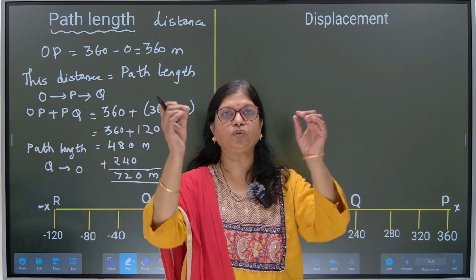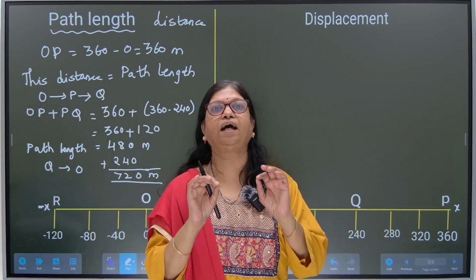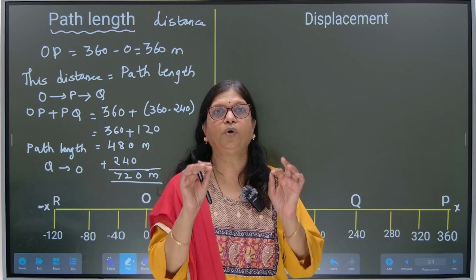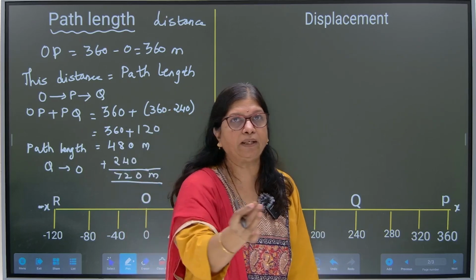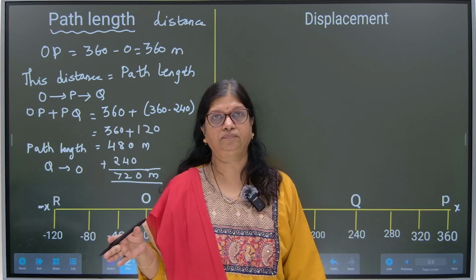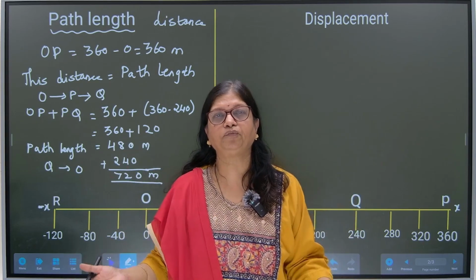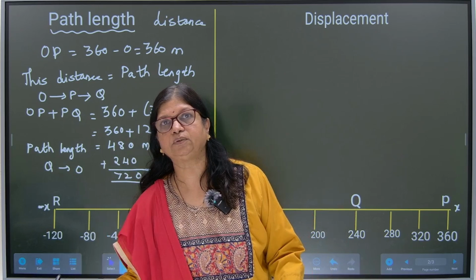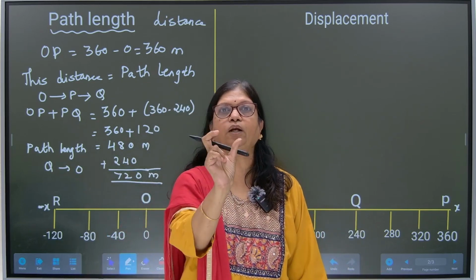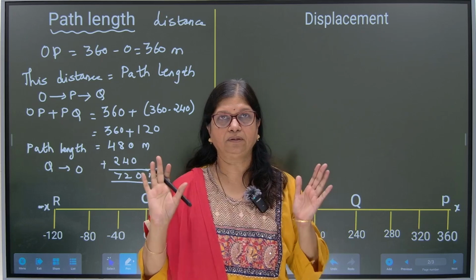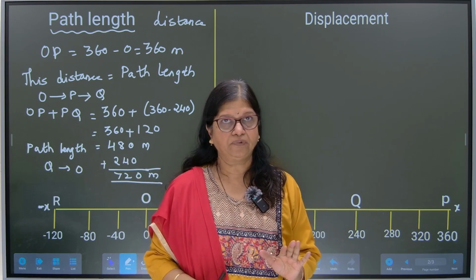So I have to keep adding the distance travelled by the body from one point to another, even if it is going back on the same path. Irrespective of whether in the positive x direction or the negative x direction, I only have to calculate that path distance and add up. That is the path length.